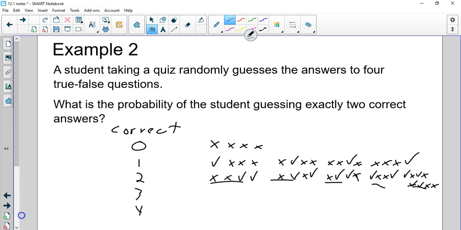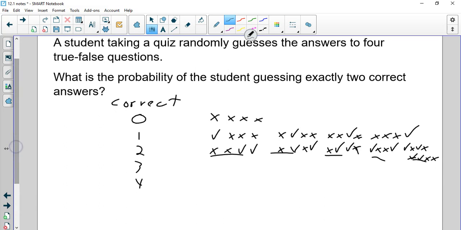Now, you might think we can stop now. Unfortunately, we can't because we need to find out how many are there total. But this is easy at this point because 3 is just going to be the mirror image of 1. So, yes, yes, yes, no, yes, yes, and so forth.